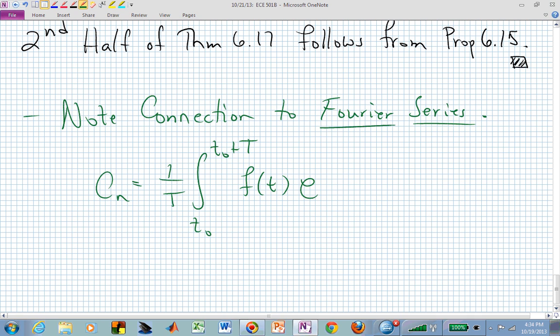We simply take the inner product of f of t with this complex exponential, e to the minus j n omega naught t, dt, which really is an orthonormal basis vector.